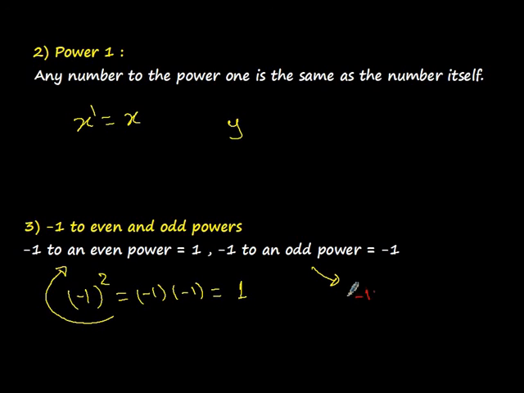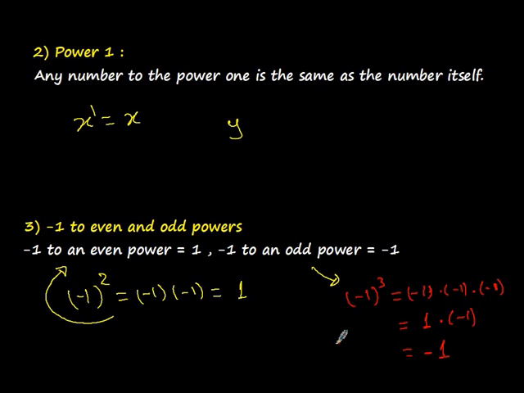Imagine that I have negative 1 to the power of 3, which simply equals negative 1 multiplied by itself 3 times. So let's have a look at what we have right here. Negative 1 multiplied by negative 1 will be 1, multiplied by negative 1. Positive times negative simply equals negative.